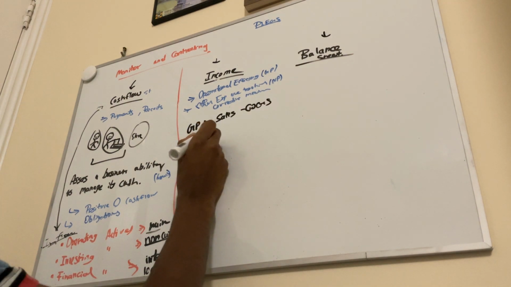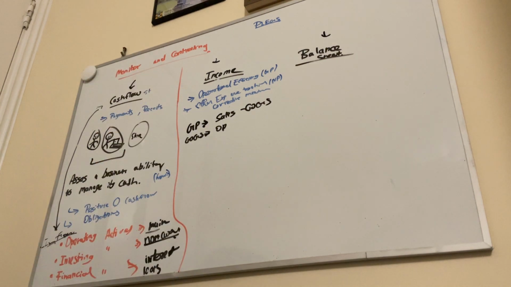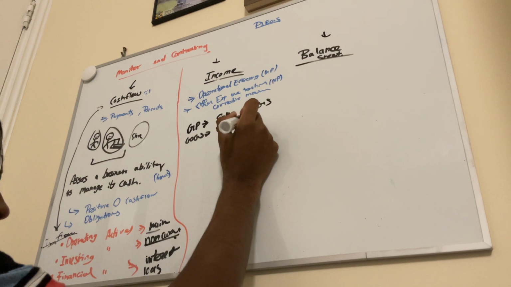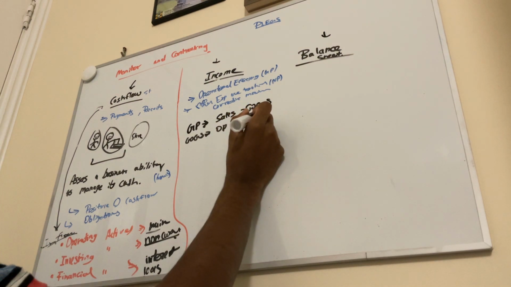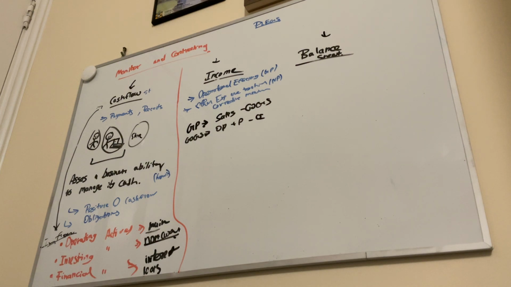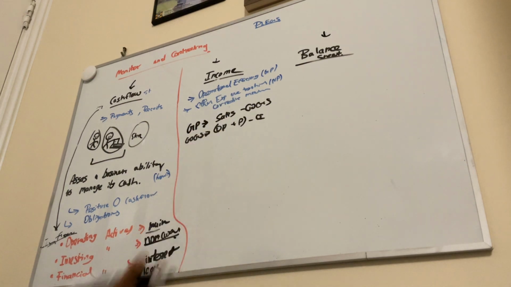COGS is basically your opening inventory, so how much you have before you start the financial period, plus purchases, how much you purchase, minus your closing inventory. Because your opening stock plus purchases is how much you have. And then let's say you didn't sell some, that's your closing stock and you subtract it from here. So that's your COGS.